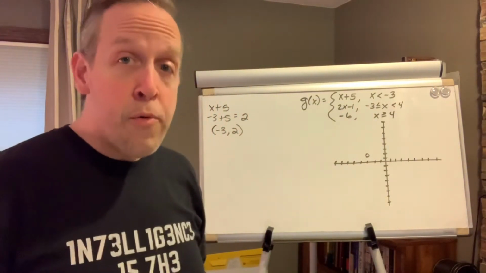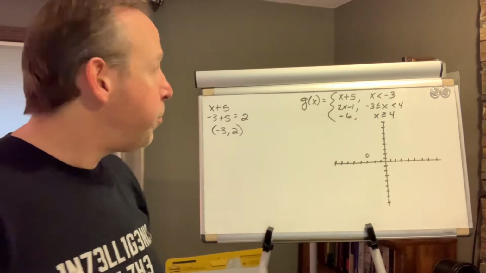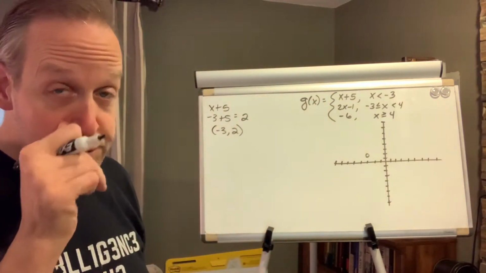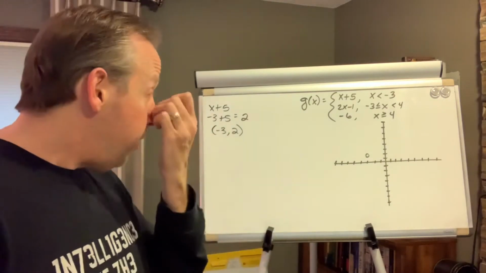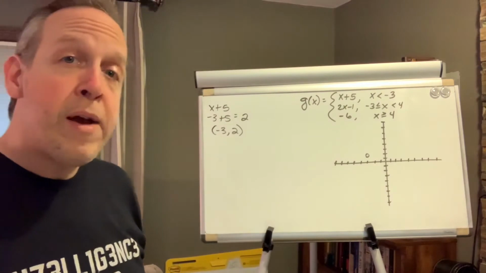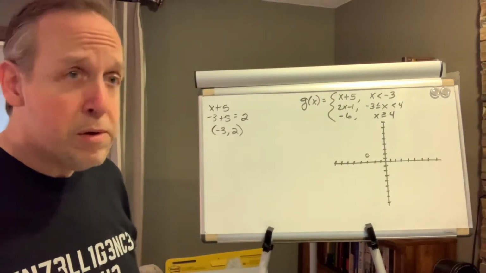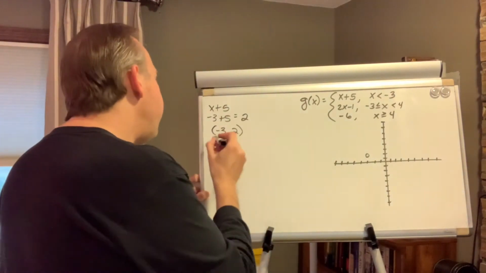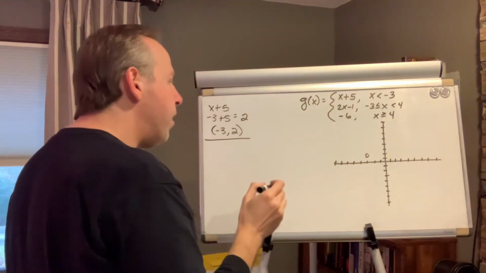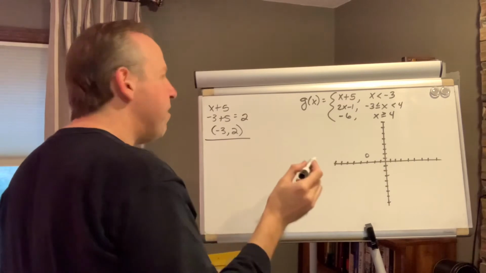Now, where does it go from there? You have 2 choices. You can use the slope, or you could just choose another number. Sometimes people like to just choose another value. Sometimes we like to use the slope. It's up to you. I'm going to just choose another number that is less than -3. I'm going to use -5.